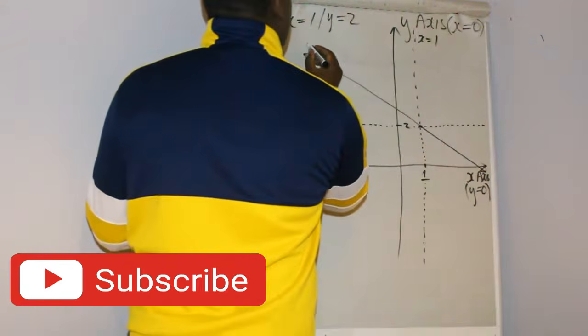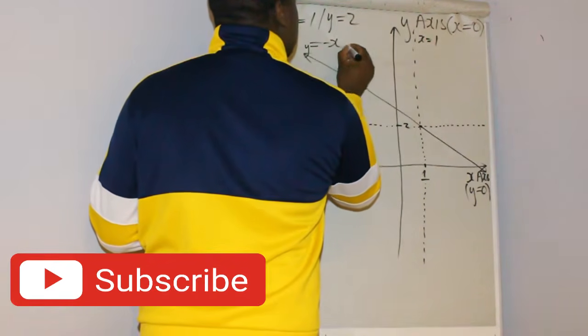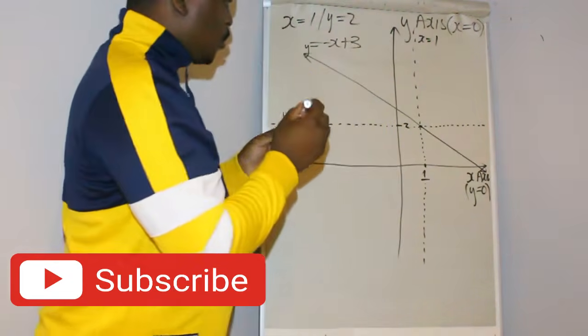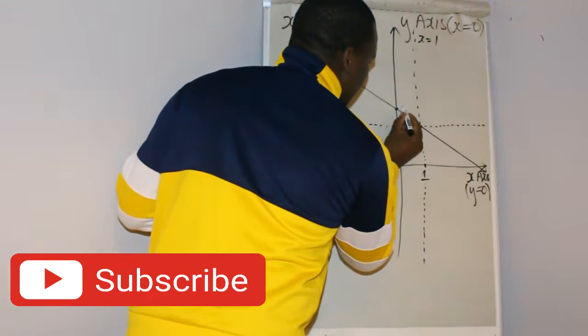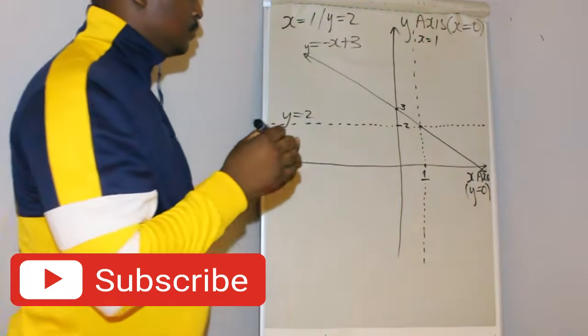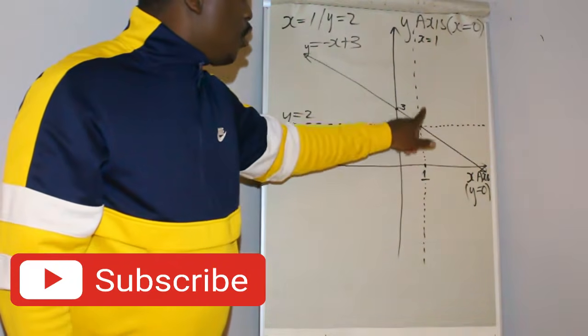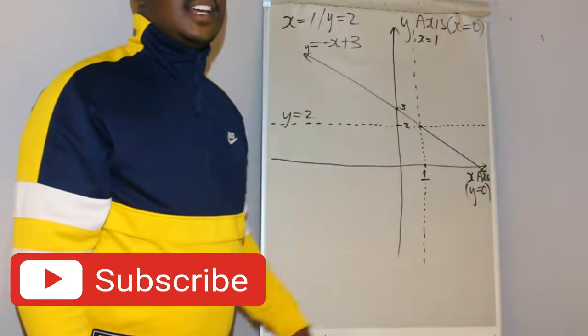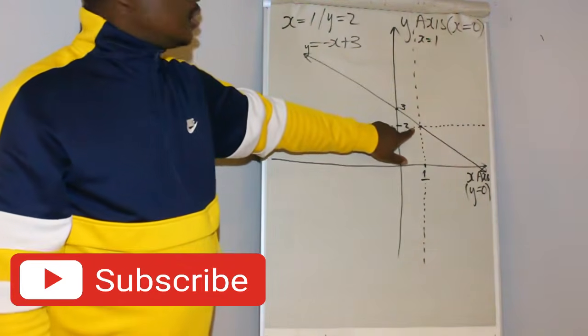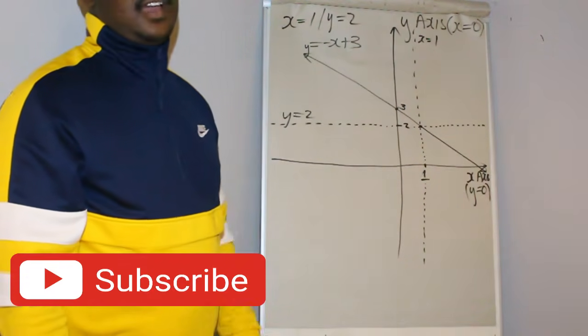So this is the line y is equal to negative x plus 3, which means it's cutting the 3 here. Because we said it passes through the point where your vertical asymptote and your horizontal asymptote intersect. So they meet there, they intersect there.